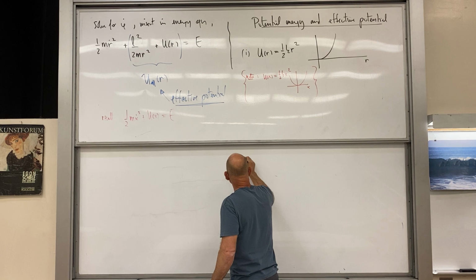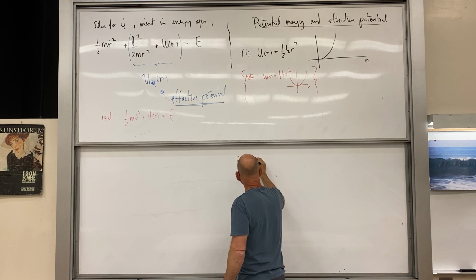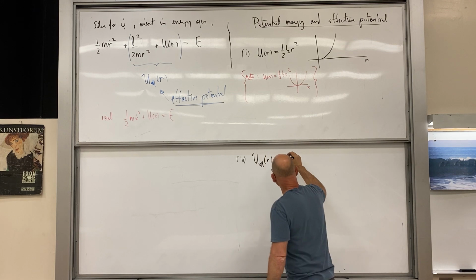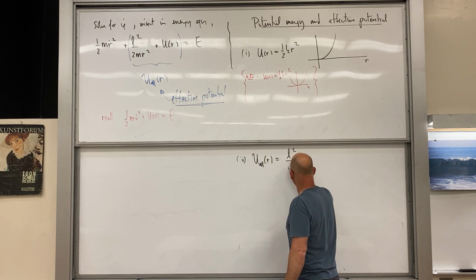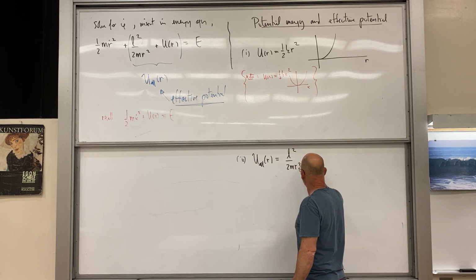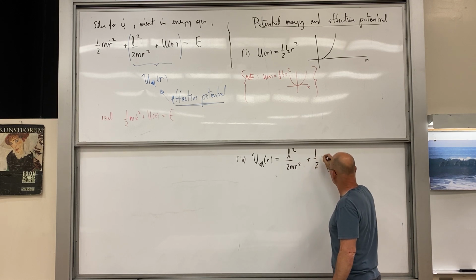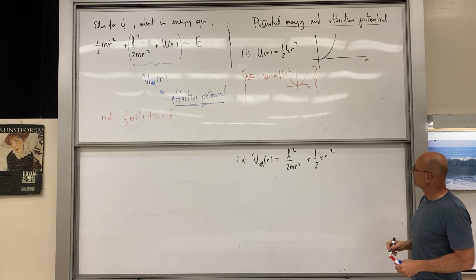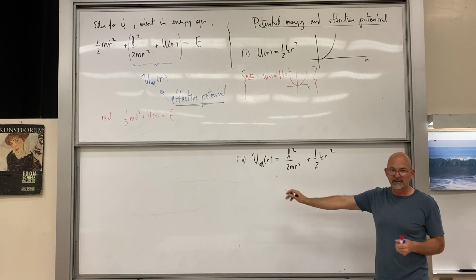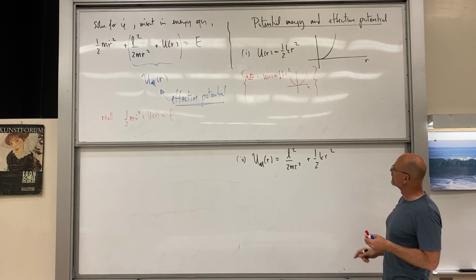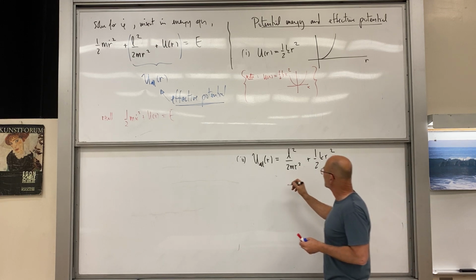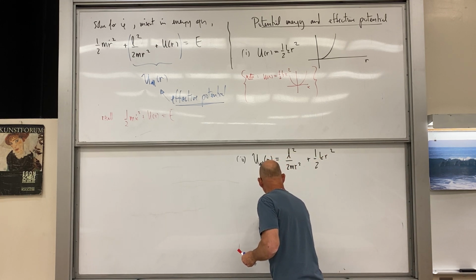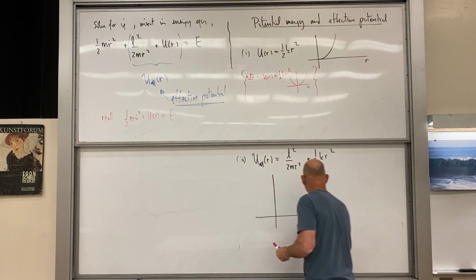Underneath here, U effective of R is equal to L squared divided by 2M R squared plus 1/2 KR squared. You may recognize things like this. We had them on our previous homeworks, maybe on the exam. But this time we're actually going to work with it. Here is this effective potential.